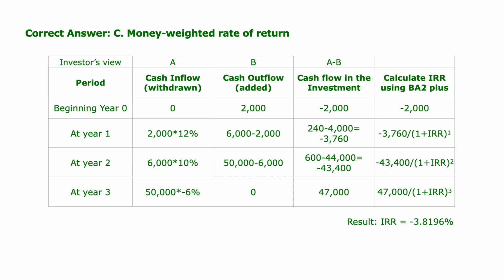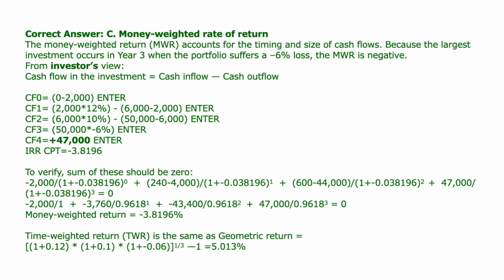Geometric mean return averages the returns over time, also ignoring the size of investments. Money-weighted return considers both the returns and the actual cash flows, how much was invested each year.